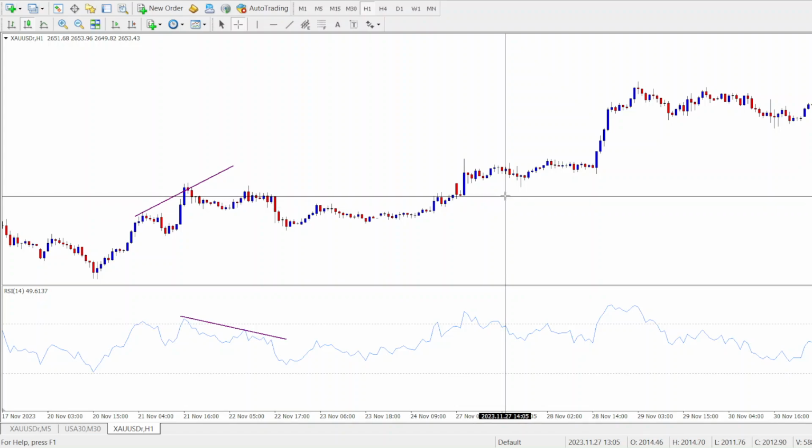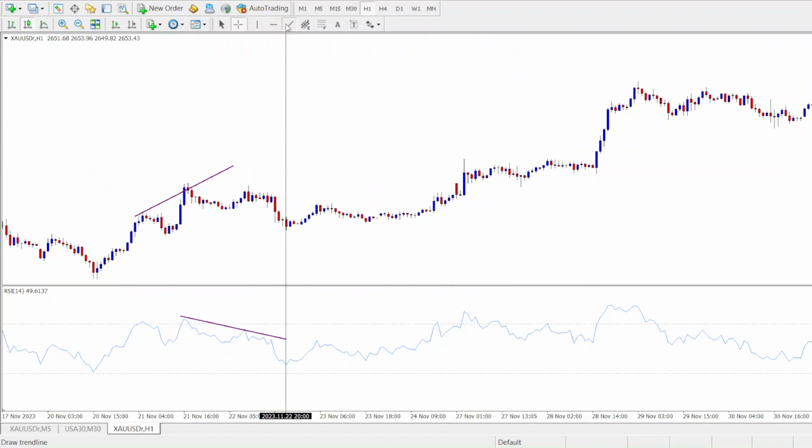So when the price is making a higher low, for example here, but the RSI is making a lower low, as we can see around here, this indicates a bullish hidden divergence.